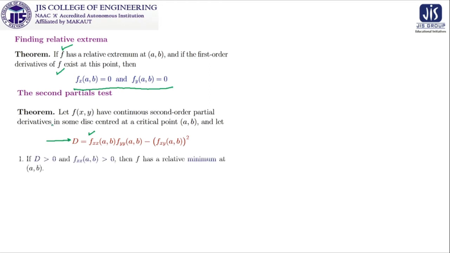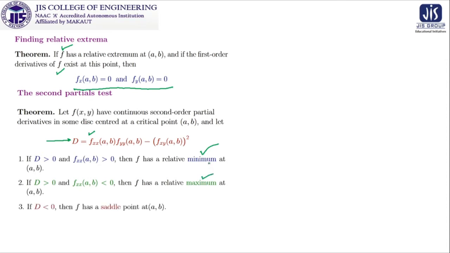If D is greater than 0 as well as f_xx(a,b) is greater than 0, then we call it relative minima, and if D is greater than 0 but f_xx(a,b) is less than 0, then we call it relative maxima. In case of D less than 0, we call those points (a,b) saddle points, and finally if D is equal to 0, then we can't get any conclusion from this test.